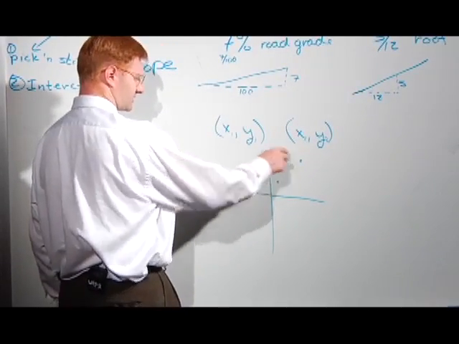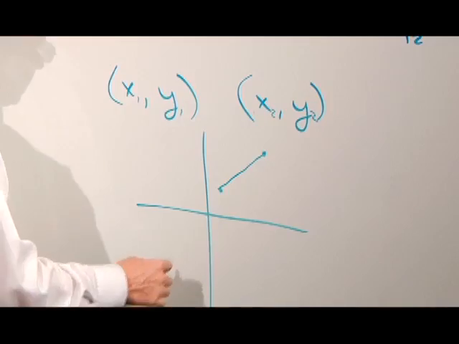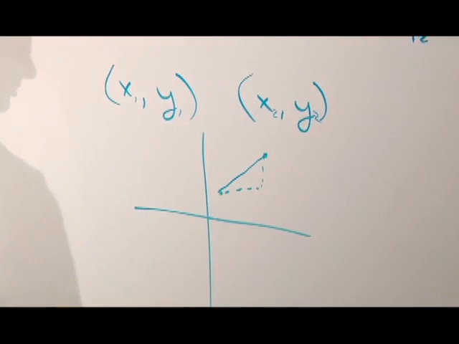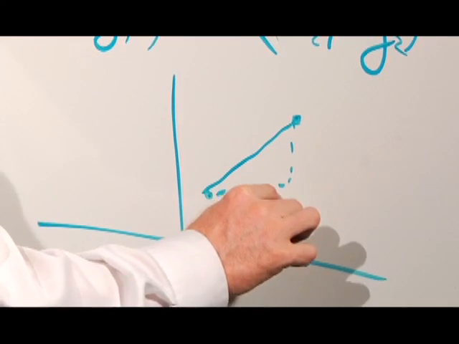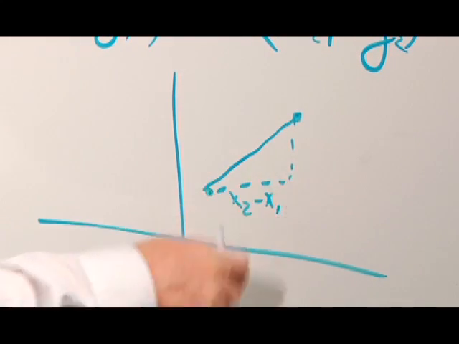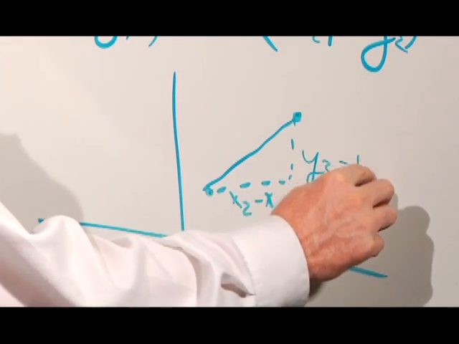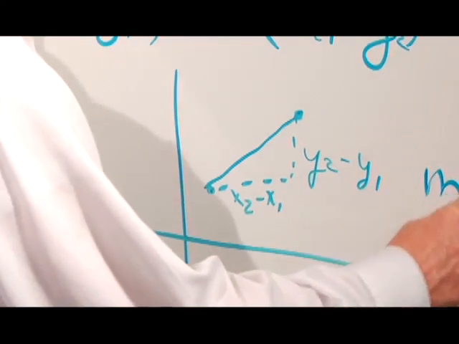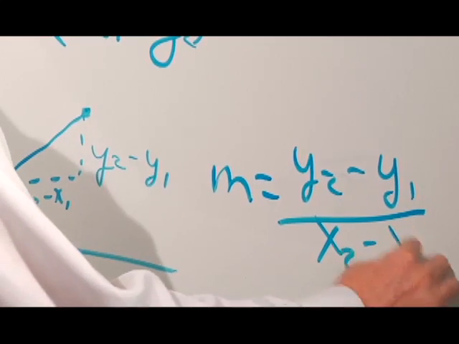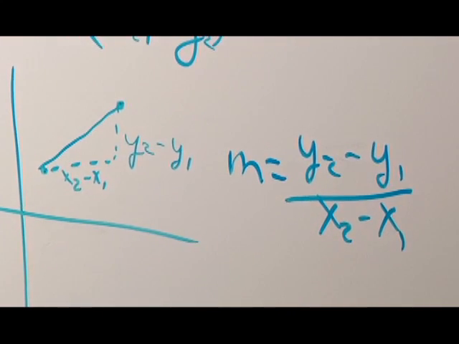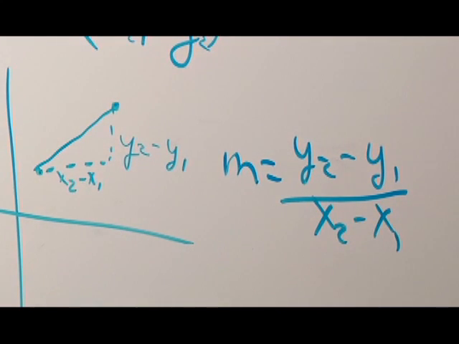The x and y on the first, the x and y on the second. And you were trying to find the slope and have them come up with the slope. You have, this is x2 minus x1. That's how you get that distance. This is y2 minus y1. So the slope is y2 minus y1 over x2 minus x1, and all of a sudden that formula is not so scary to the student.